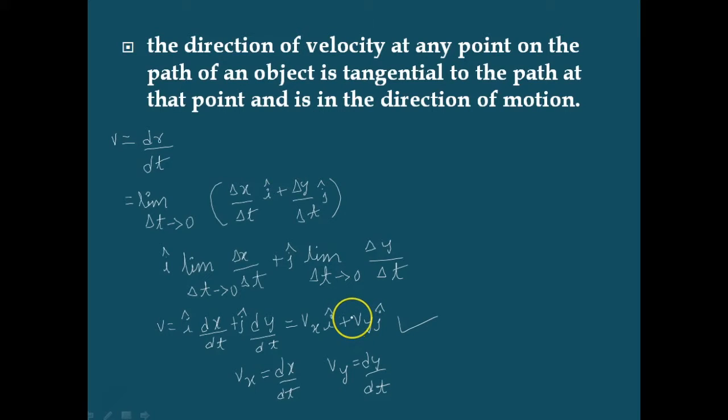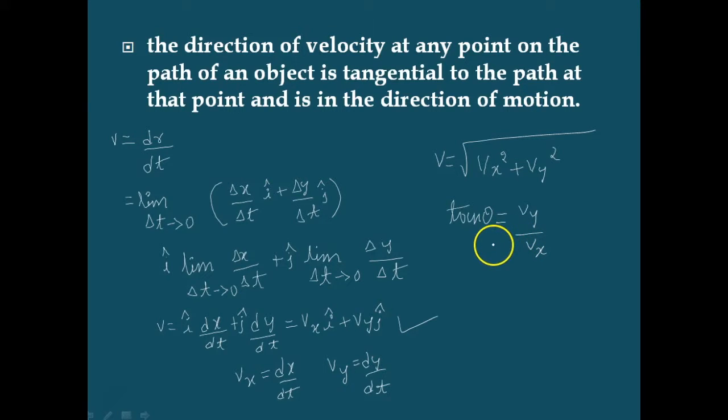If the expressions for the coordinates x and y are known as functions of time, we can use these equations to find Vx and Vy. The magnitude of velocity v we can get using the components, the square root of Vx square plus Vy square. Similarly, we can get the direction by Vy by Vx.